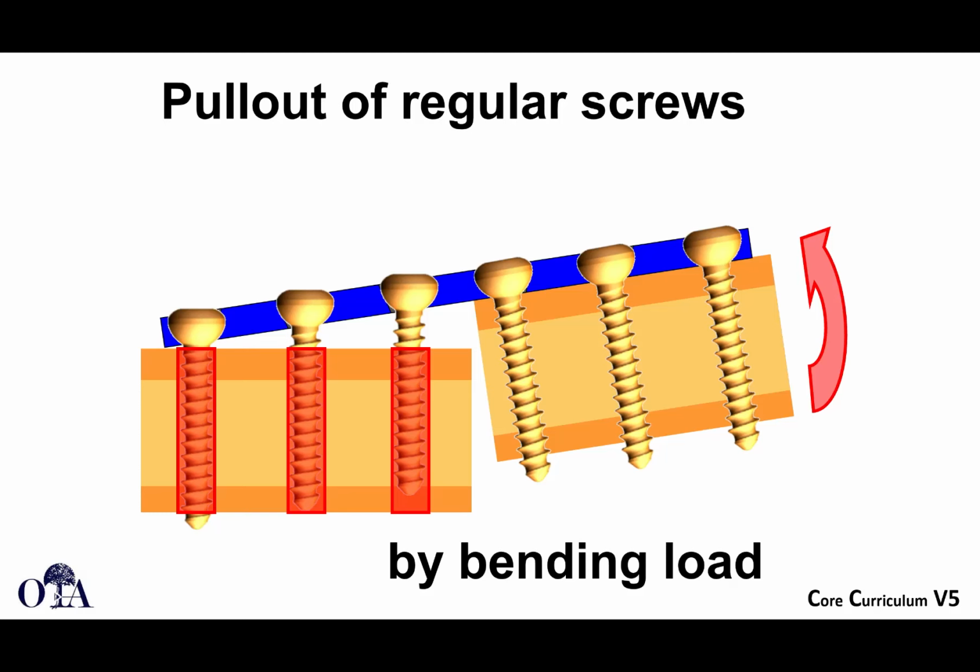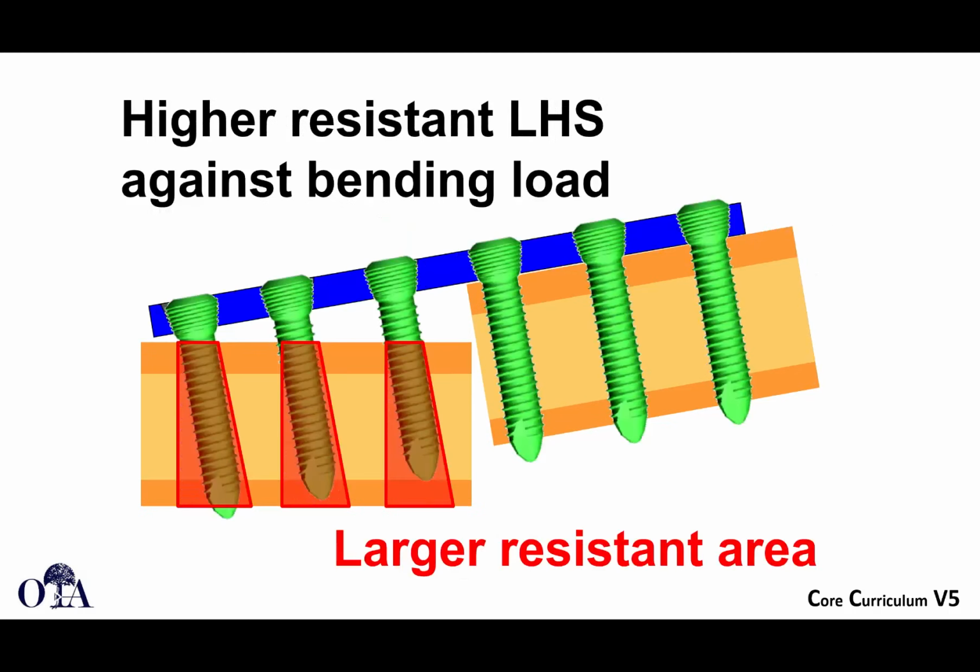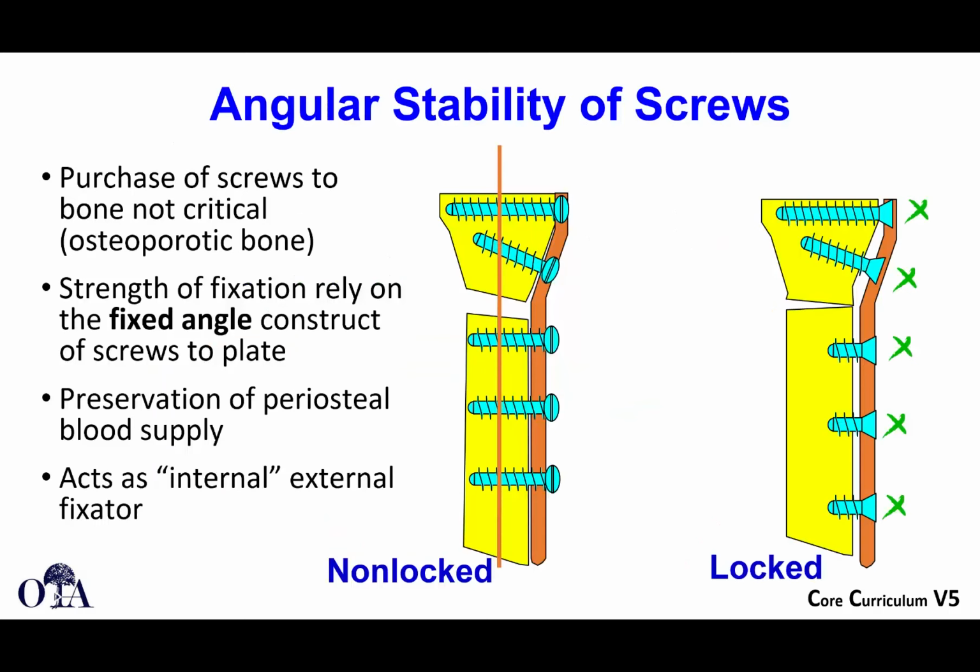With regular screws, as I showed before, you can have this toggle, right? So with regular screws, with a bending load, you can pull out, as shown on the left-hand side here, where the screws are pulling out of bone. And if you have locking screws, it would have to really windshield wiper. There's a much larger area you would have to cut through, so there's a much larger resisting area to prevent that from happening.